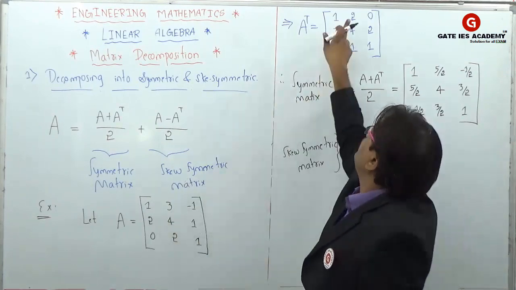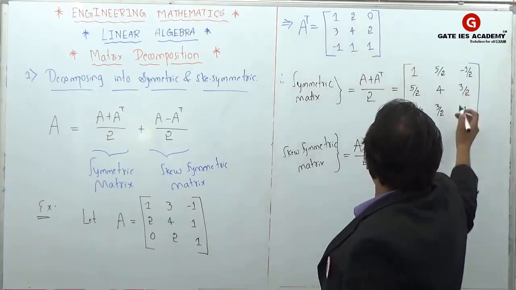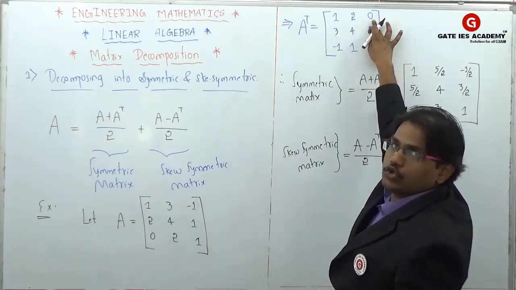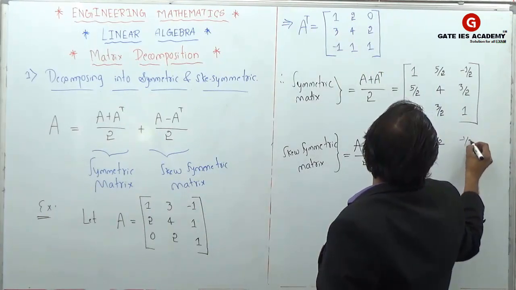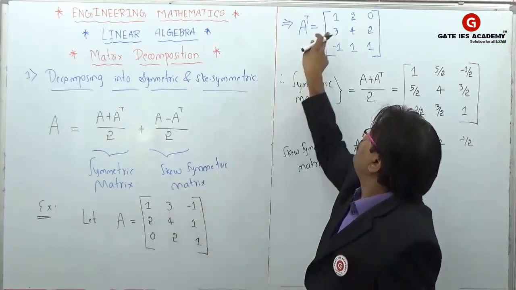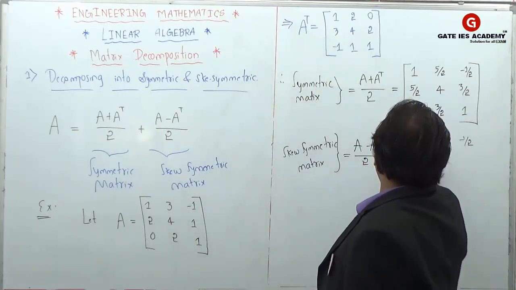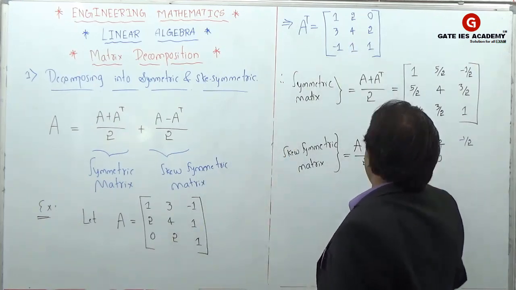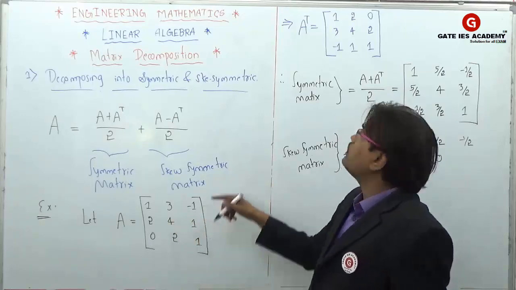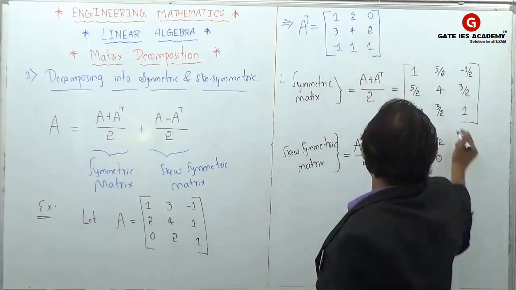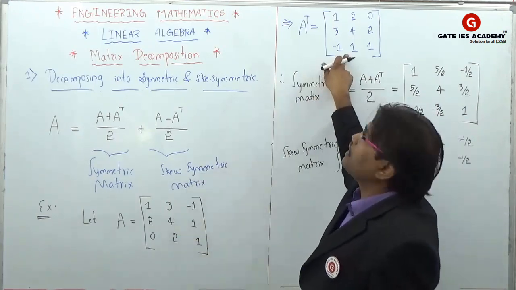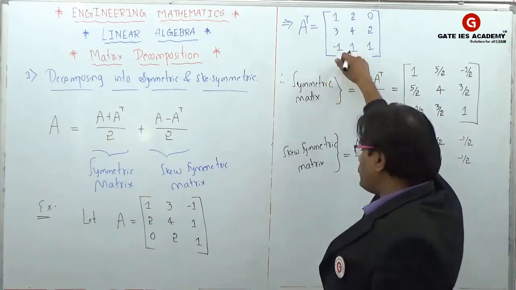3 minus 2 is 1, so 1 by 2. Minus 1 minus 0 divided by 2 is minus 1 by 2. 2 minus 3 is minus 1 by 2. 4 minus 4 is also 0. 1 minus 2 is minus 1 by 2. 0 minus of minus 1 is plus 1 divided by 2.